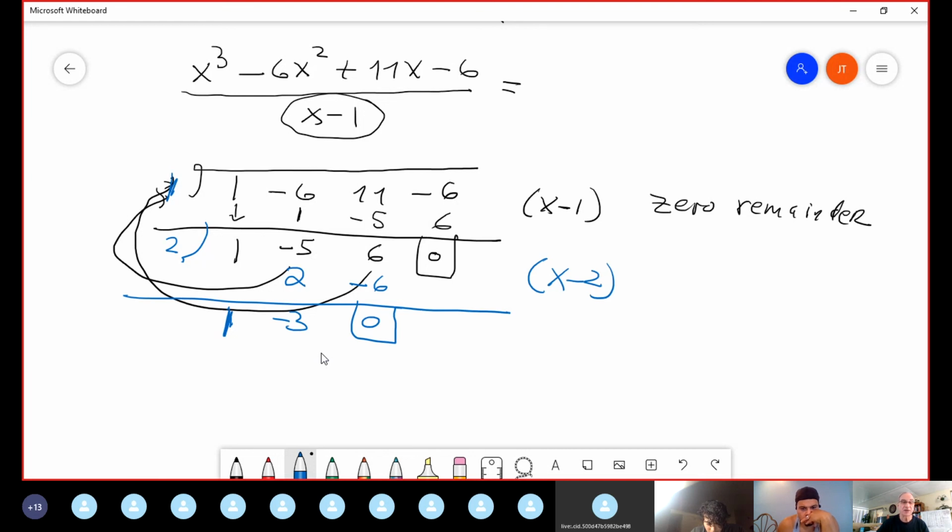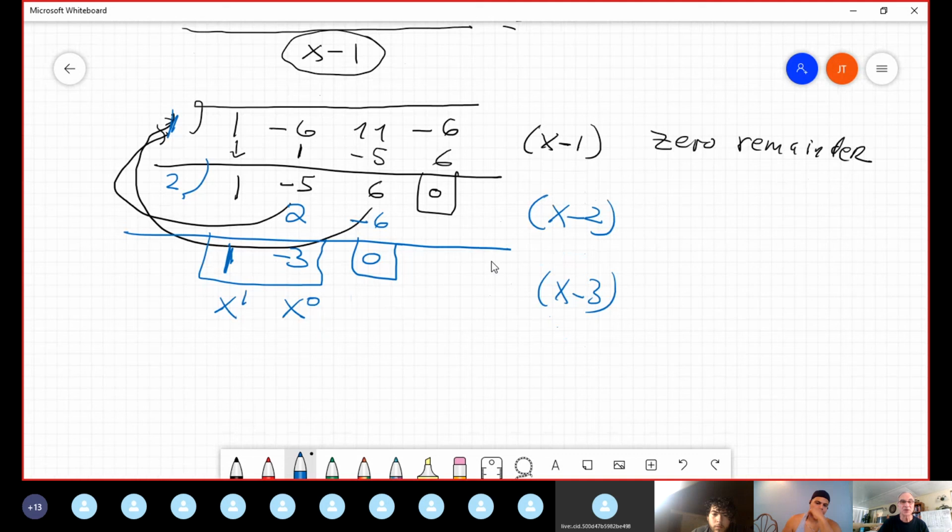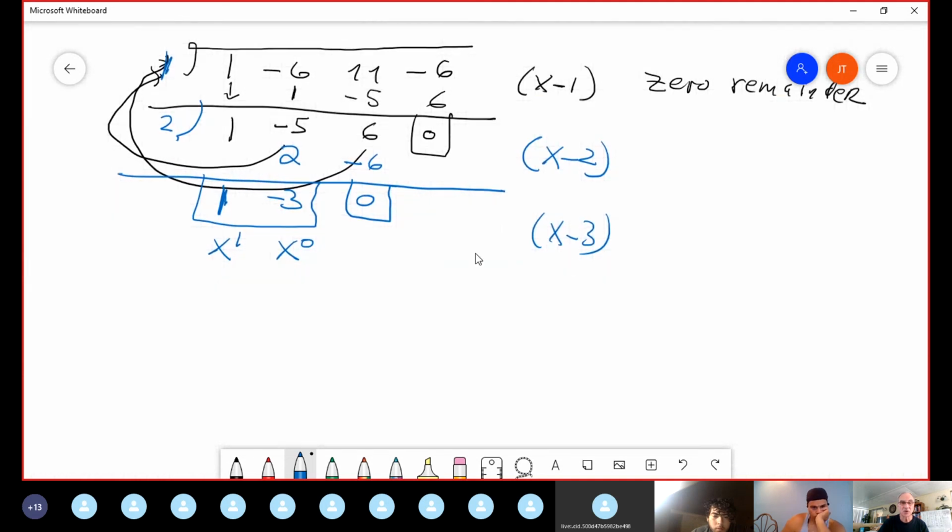And finally, this is the answer of the division, x minus 3, so I can see no more synthetic division is needed. x minus 3 is also a factor. But in a super easy way, you are doing the factorization of this polynomial.